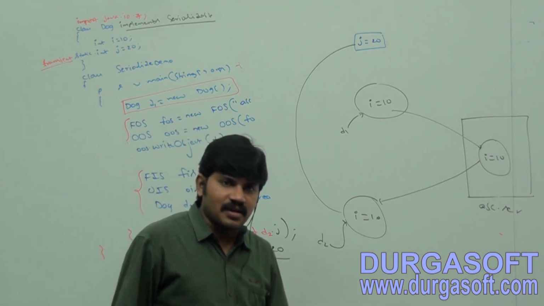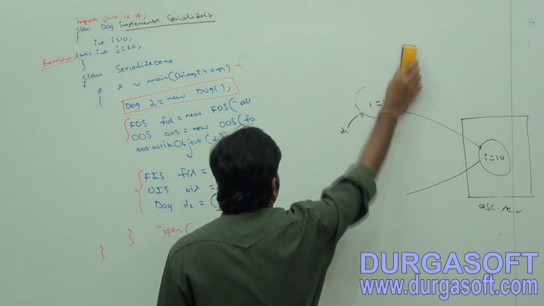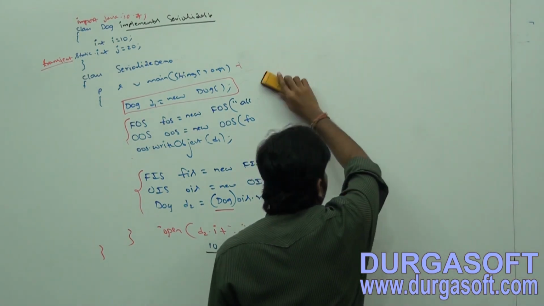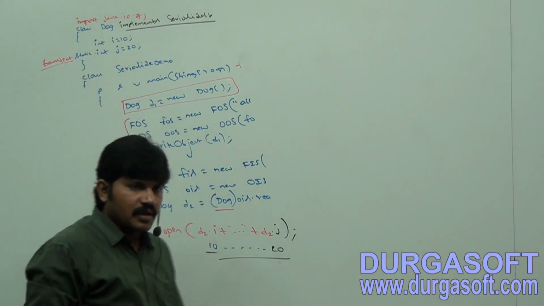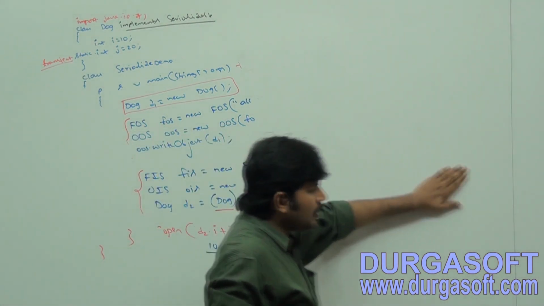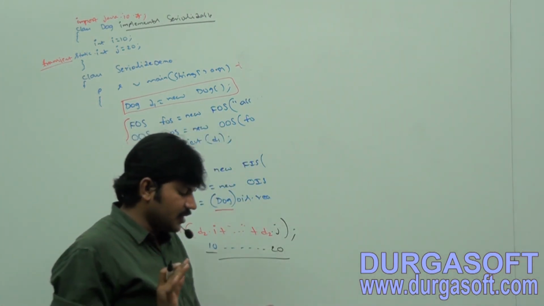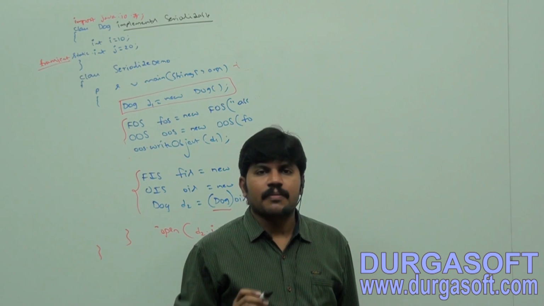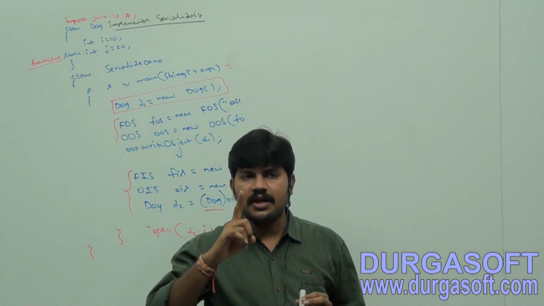Final versus transient. Now, what is final? You know, every final variable will be replaced by its value at compile time only.